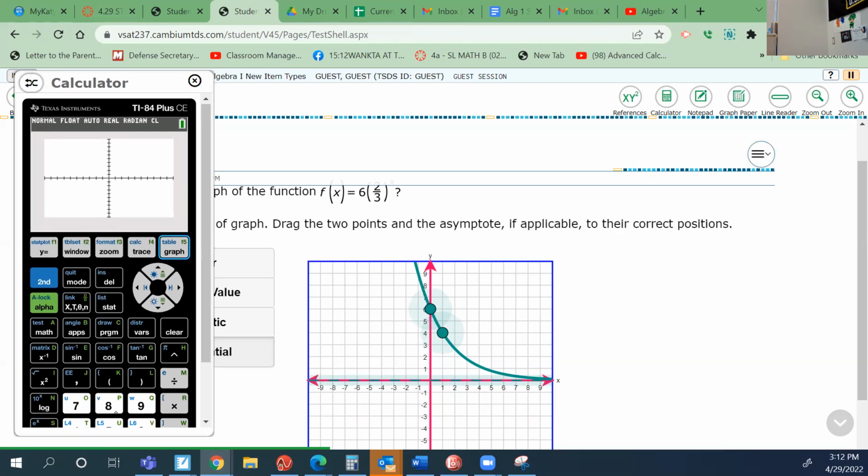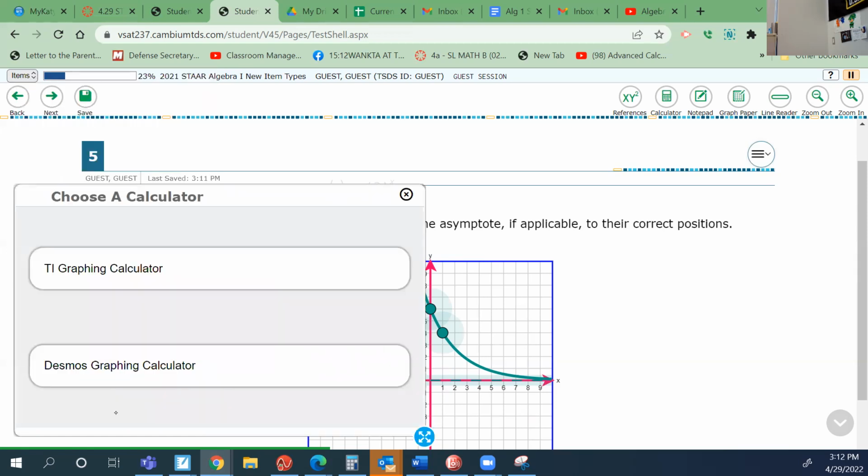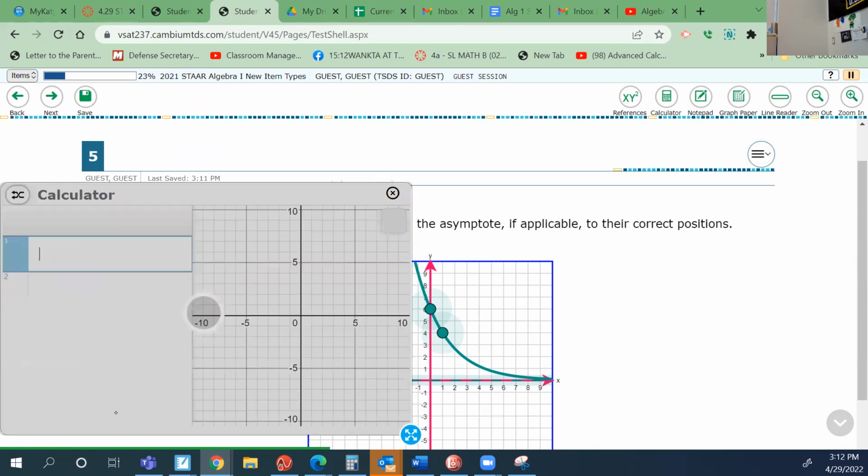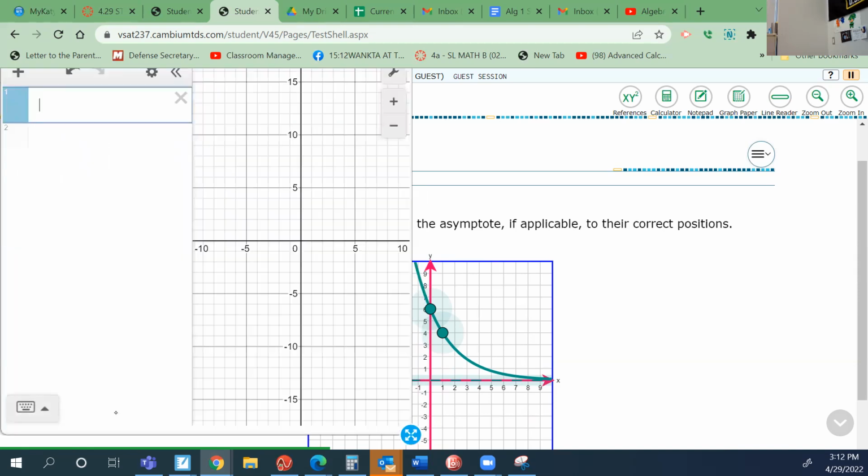You can use the calculator on the test, the yellow one, but I'm not going to use that one. I'm just going to use Desmos. I'm going to graph a function.